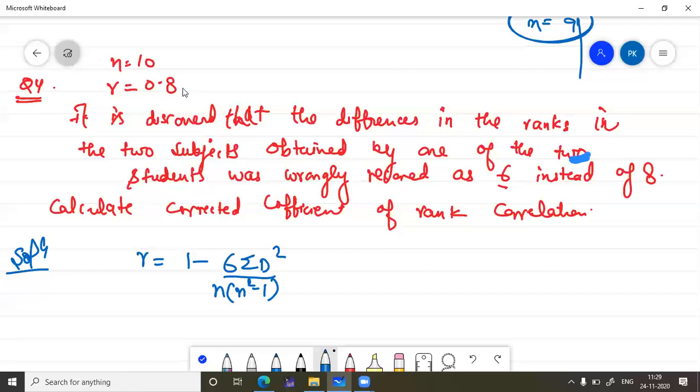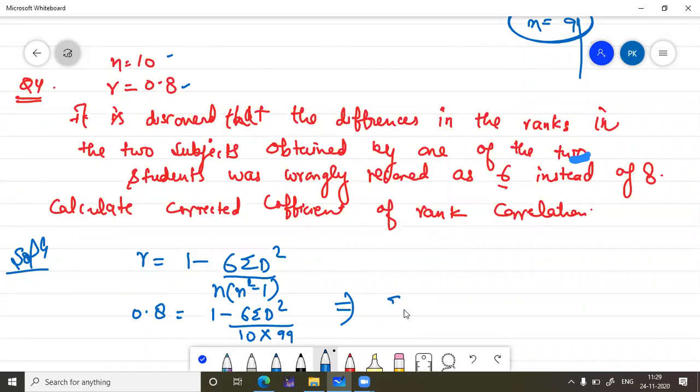Now it's given that R is 0.8 and N is 10. 1 minus 6 summation of D square divided by 10, and it's 99. So we will get D square is equals to 33.